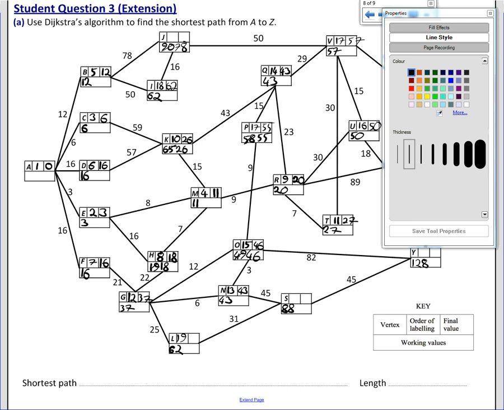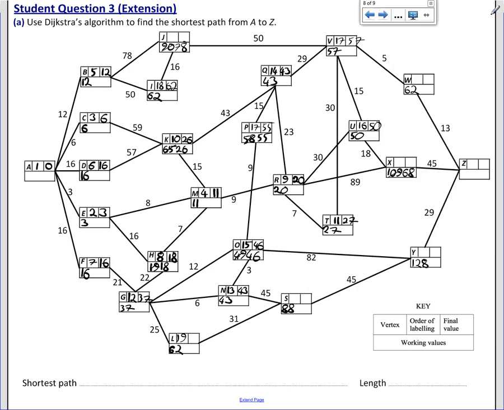And the other 62 is up here, and so that's going to be the next one to go in, and that's number 20. And that means we can actually get to the final one for the first time. We can get there in 85. I apologize, 75.